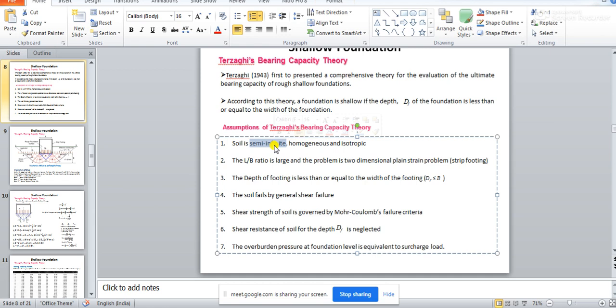So it is only extending in the downward direction. Soil is extending in the downward direction to the infinite level, and that is actually semi-infinite. Next is homogeneous. So what is homogeneous? Homogeneous means the properties of the soil.